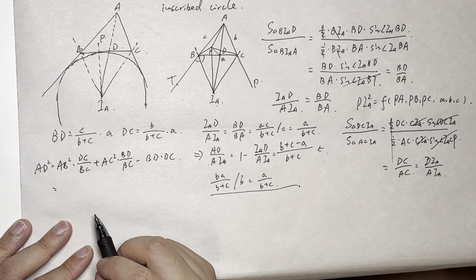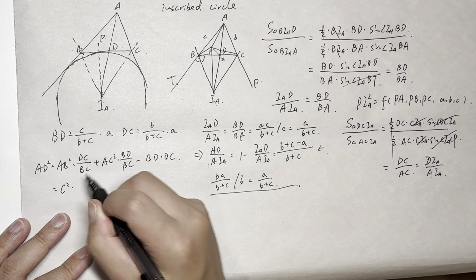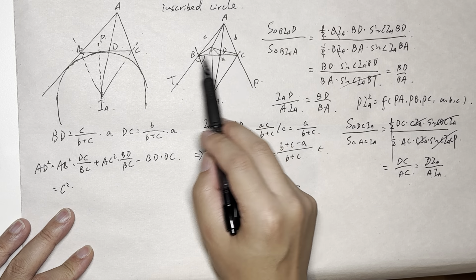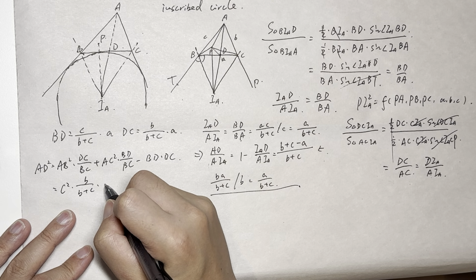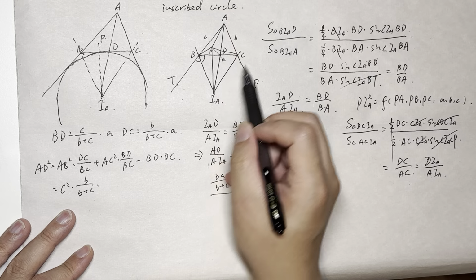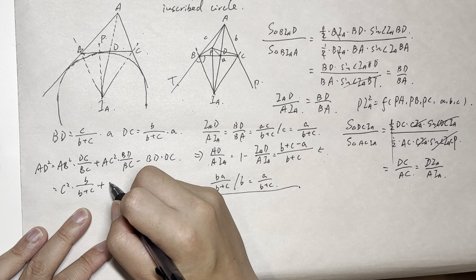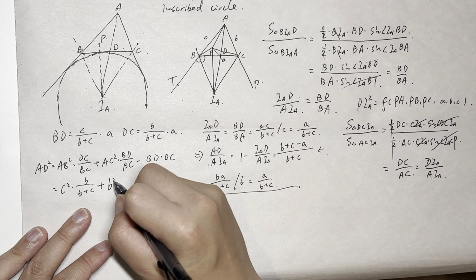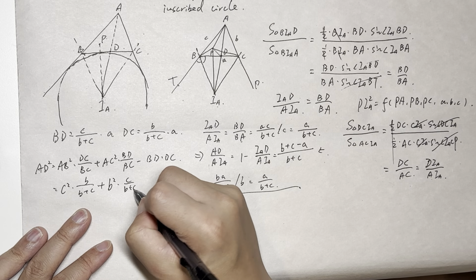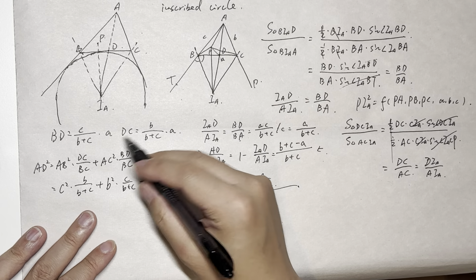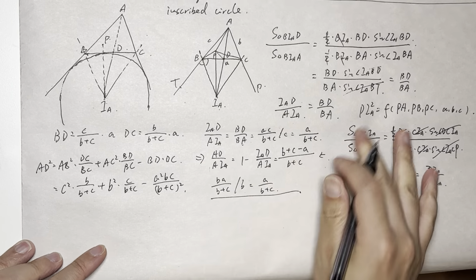So it equals AB squared, which is C squared, times DC to BC, that is B to B plus C times A divided by A, so that is the DC to BC, and AC squared, which is B squared, times BD to BC, that's C to B plus C, minus this one, A squared BC to B plus C squared, right?